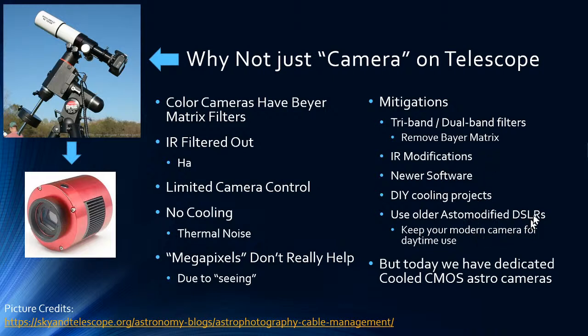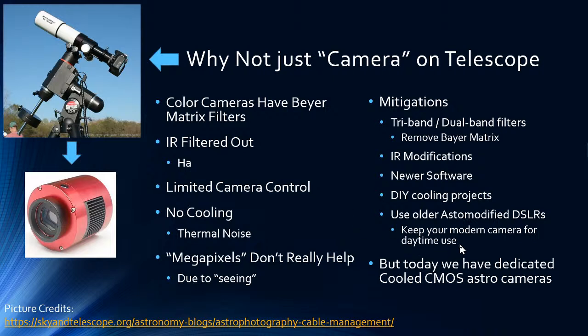And if you're going to go with DSLRs, I advise people, don't worry about modifying the DSLR you just spent $7,000 or $8,000, or 700 or 800 or $1,000 on.